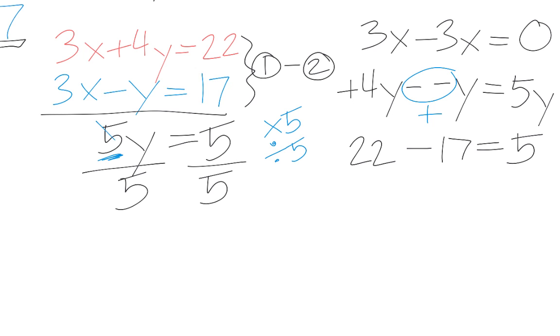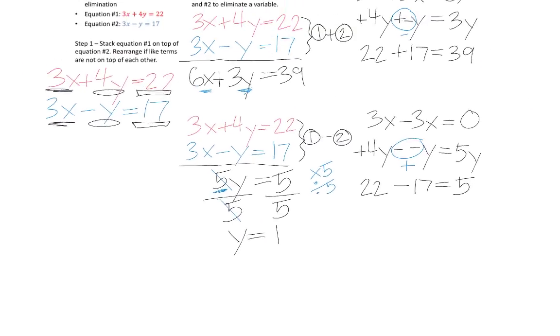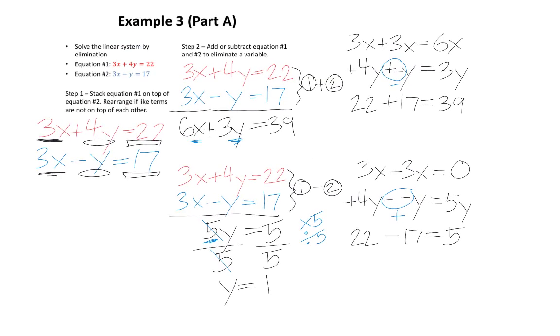The 5's cancel out because anything divided by itself is 1, and anything multiplied by 1 is itself. So I have y is equal to 5 divided by 5, which is 1. Therefore, I've successfully eliminated the variable of x, and I've isolated the variable of y. And I am good to start the next two steps.